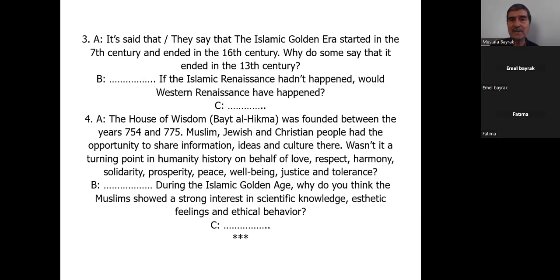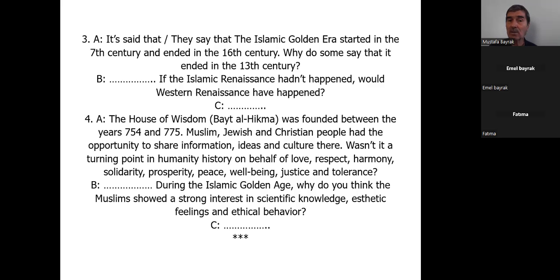Okay, the House of Wisdom or Beit al-Hikmah was founded, passive sentence, was founded between the years 754 and 775. Muslim, Jewish, and Christian people had the opportunity to share information, ideas, and culture there.